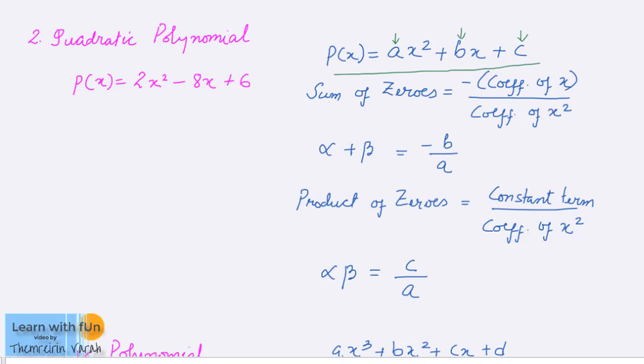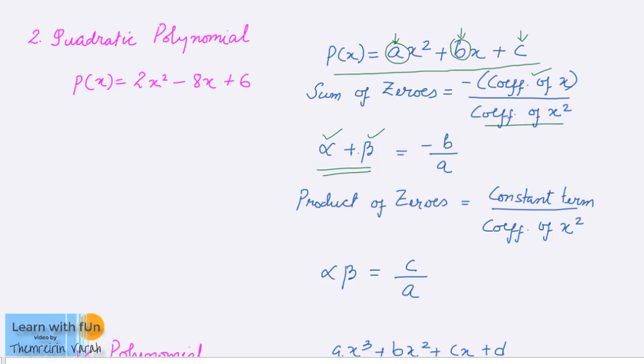A quadratic polynomial has two zeros. Let us assume the zeros are alpha and beta. The sum of the zeros is minus of coefficient of x upon coefficient of x square, where the coefficient of x is b and the coefficient of x square is a.